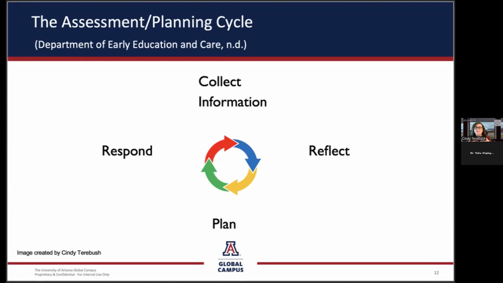And again, planning is step 3. Just like in the prior slide, planning is step 3. And then after we plan, we respond, which is implementing the plan. And when we implement the plan, we start the cycle all over again by collecting information about how the child is doing it.